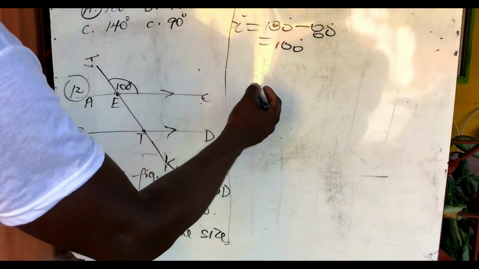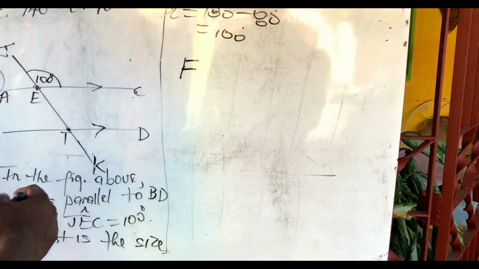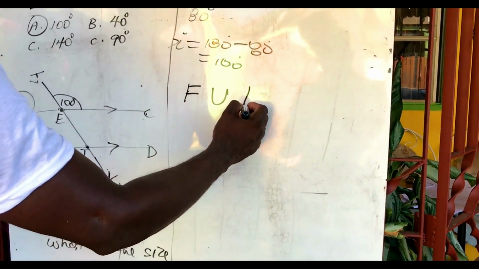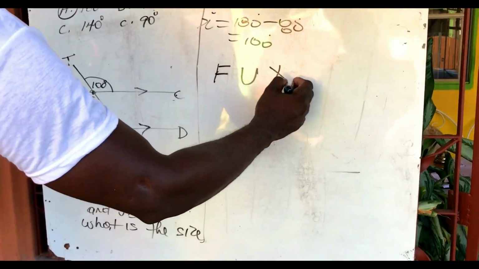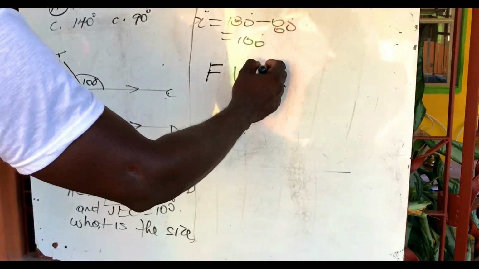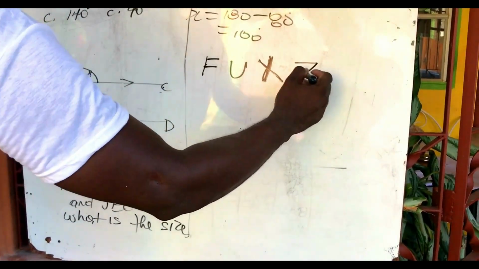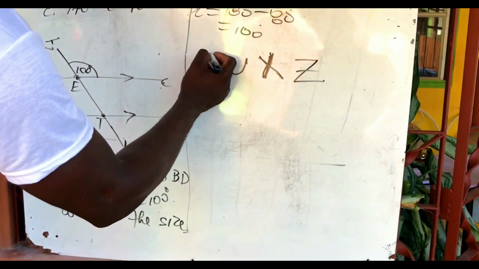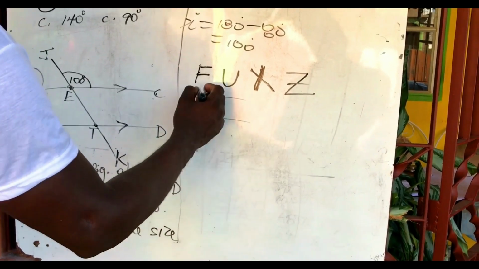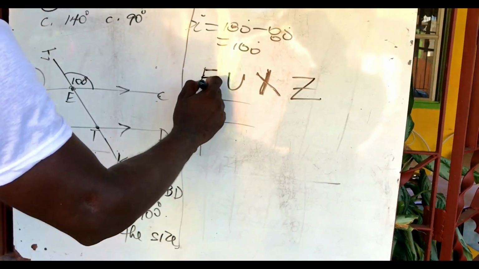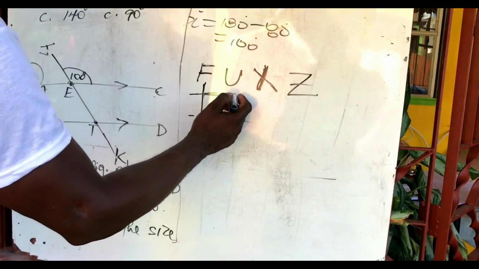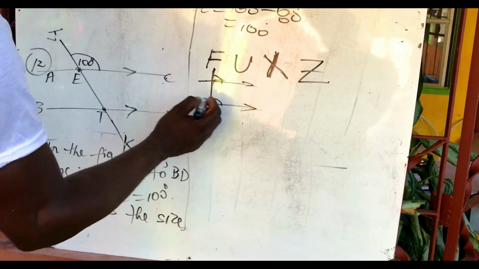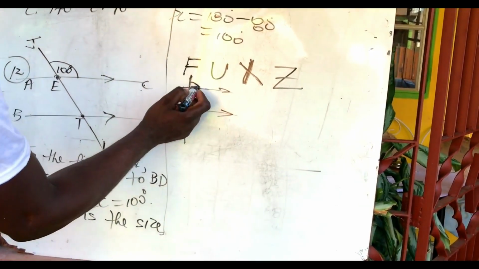Now once you have a transversal, please look out for angles F, U, X, and Z. Now when we say F, our angle looks like this, where this line is parallel with this line, and we have this angle here and this angle, they share something in common.